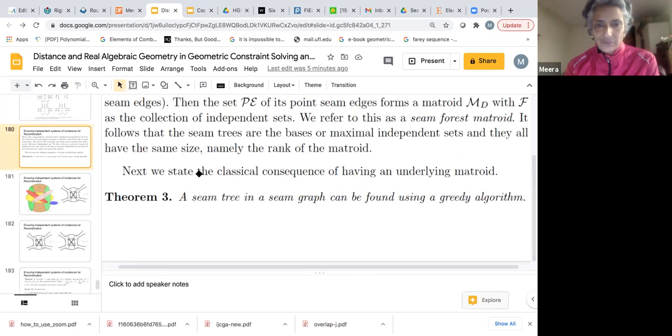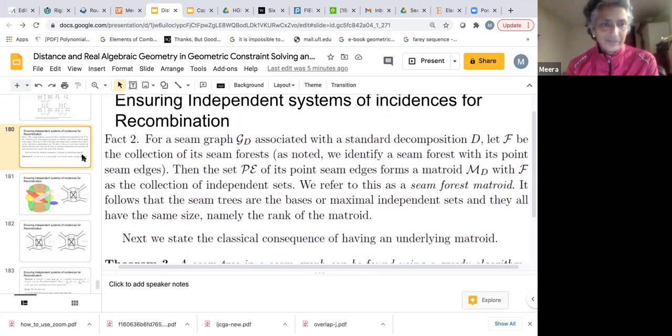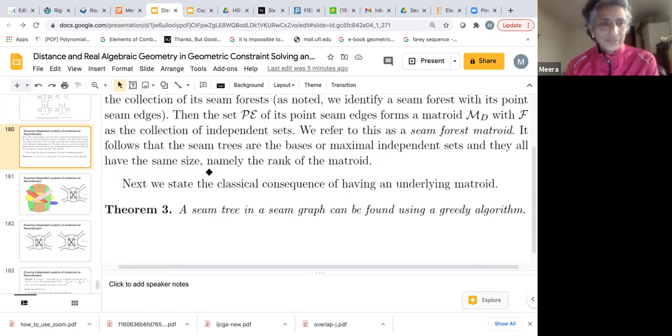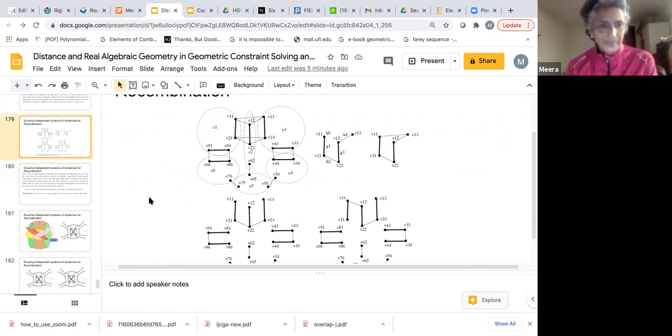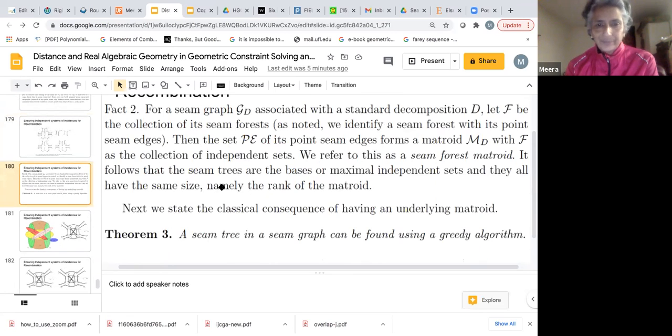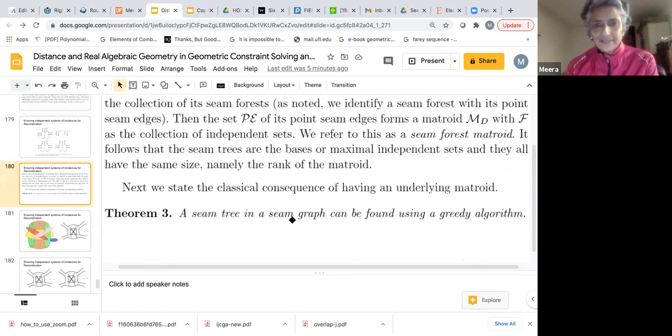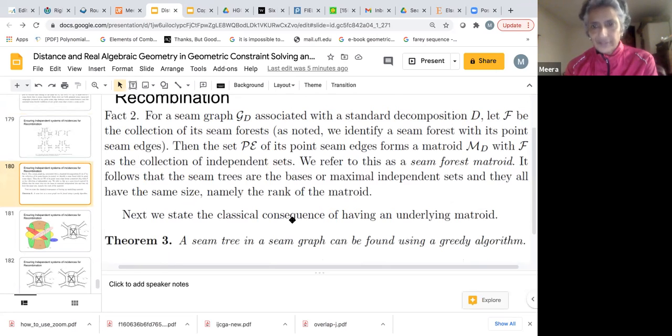So here's the main consequence. Did I show this picture? Yes, I already showed this picture. So here's the main theorem. Basically, a seam tree in a seam graph can be found using a greedy algorithm because it happens to be a matroid. Even though it has this weird seam property, it's not quite the graphic matroid.